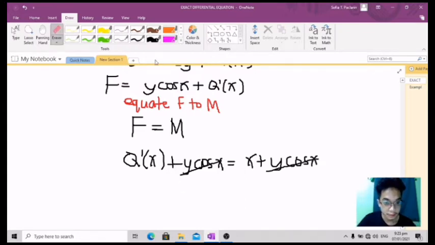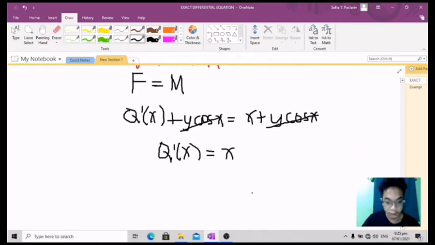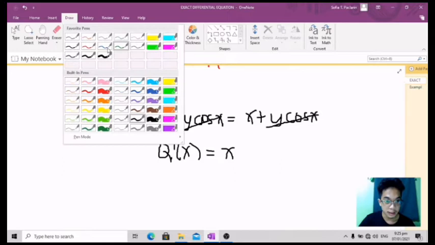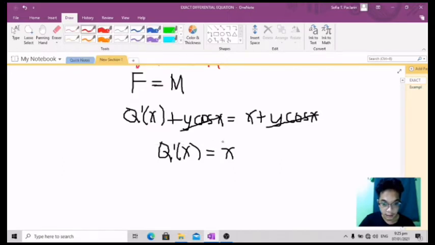We can now arrive to the value of q1 of x is equals to x. So in order to know the value of q of x, we need to integrate x.